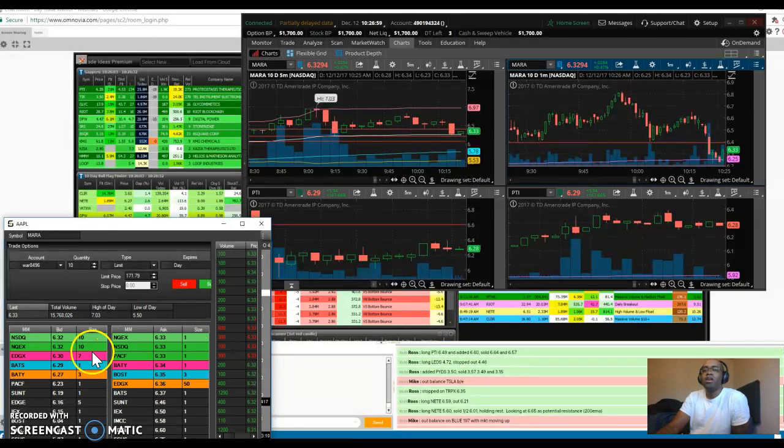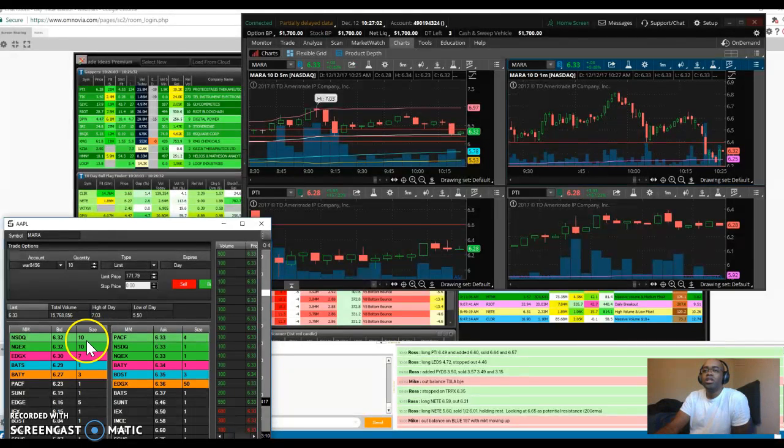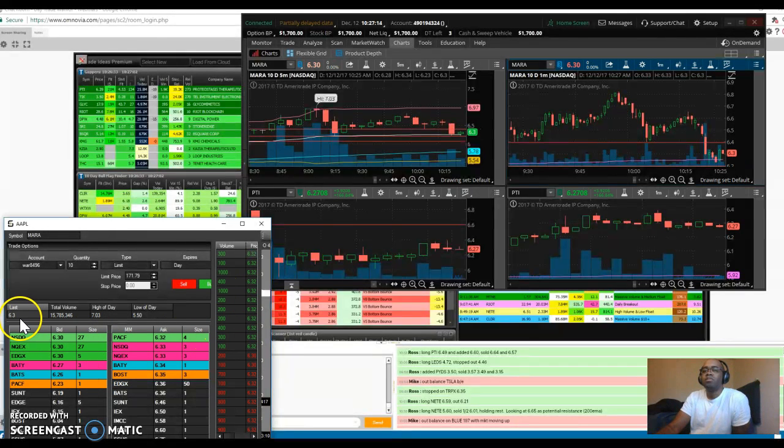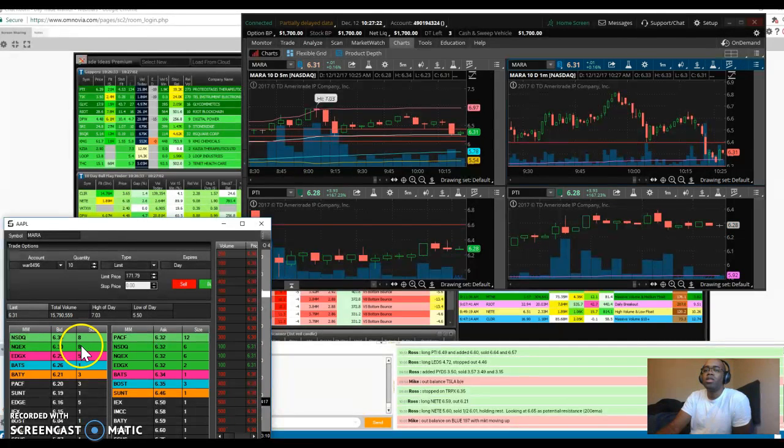We're seeing a lot more size on the bid, and typically that's what you're looking for if you're going to get in on the trade. You're probably going to see this spike up a couple cents just as I'm talking about it. The last is 630, but it looks like there's a lot more volume on the buy side.